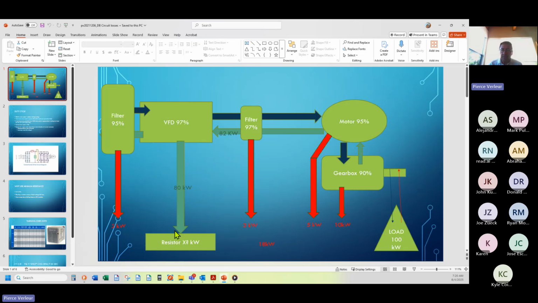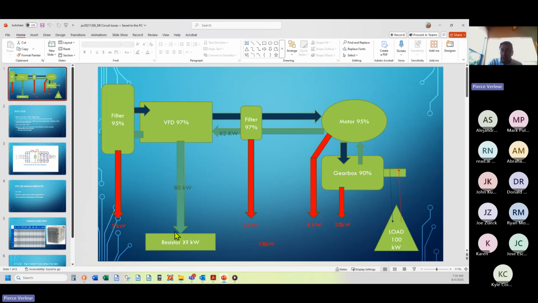Typically not. Because even in the worst case of this hoist where it's going all the time, I'm only going to get that energy back 50% of the time. Right? So that allows me to size the resistor bank for 40,000 watts.